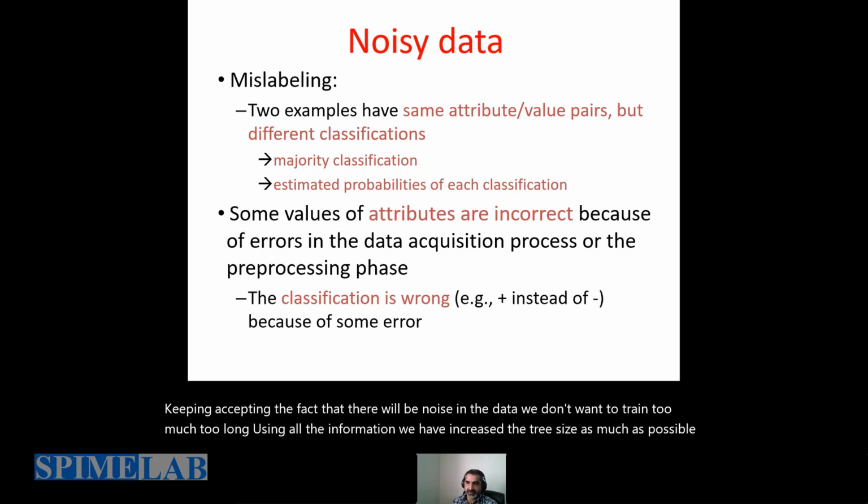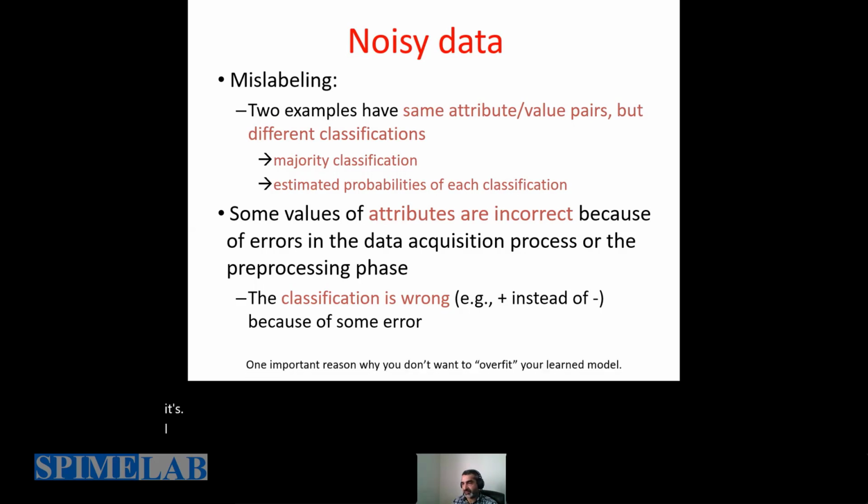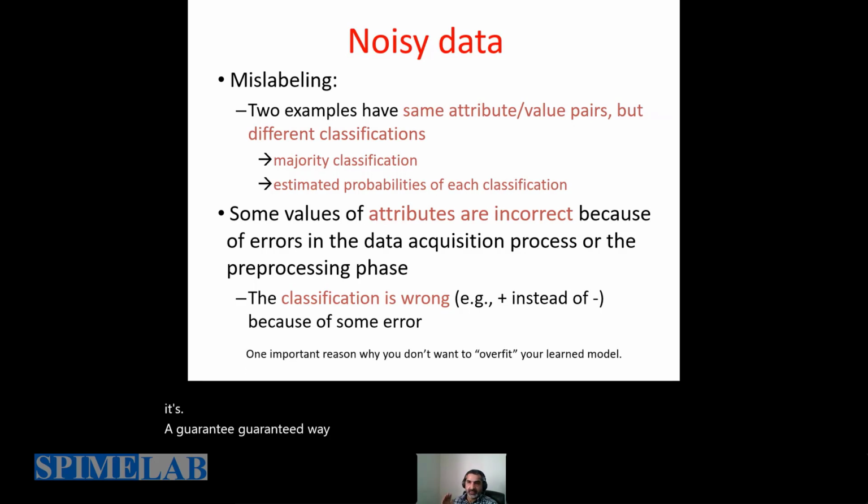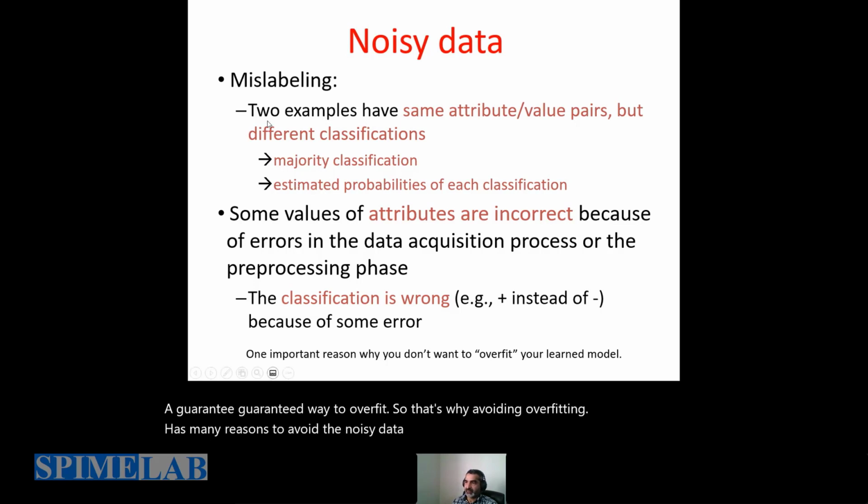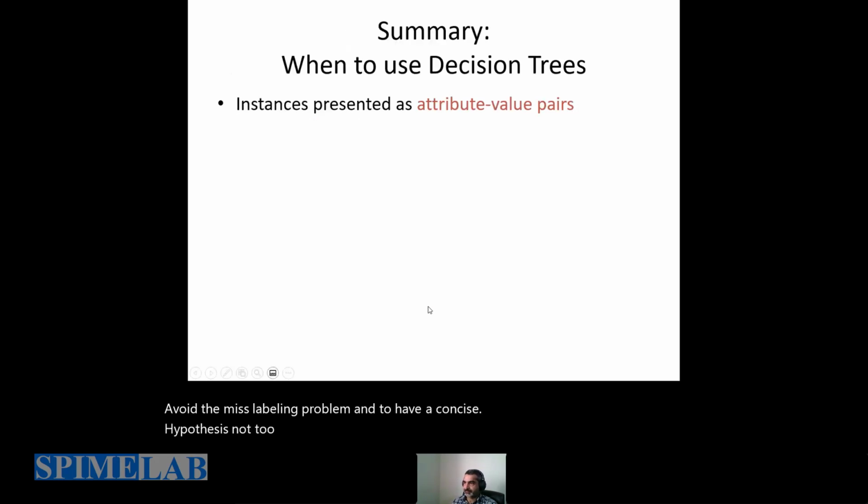It's a guaranteed way to overfit. So that's why avoiding overfitting has many reasons: to avoid the noisy data, to avoid the mislabeling problem, and to have a concise hypothesis, not too big, not too small.